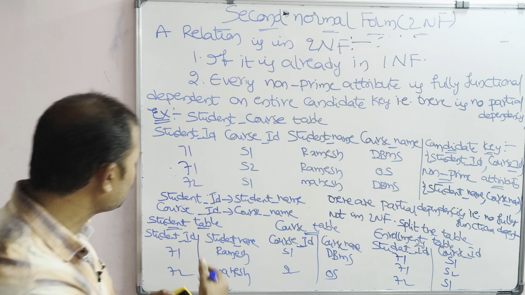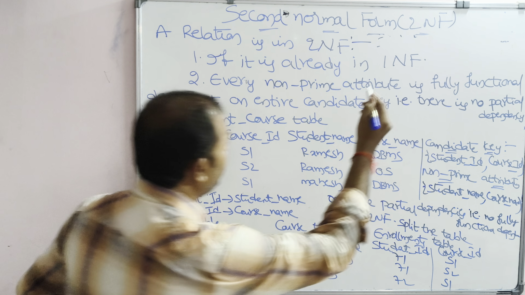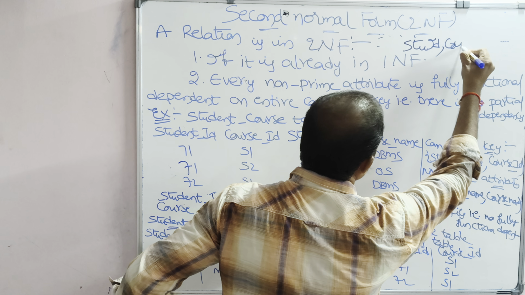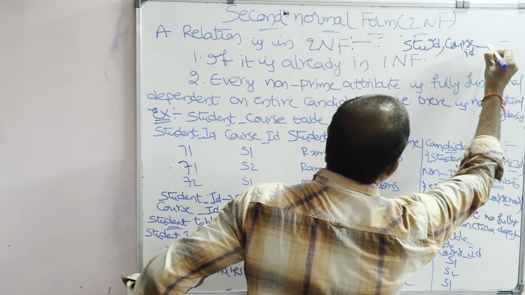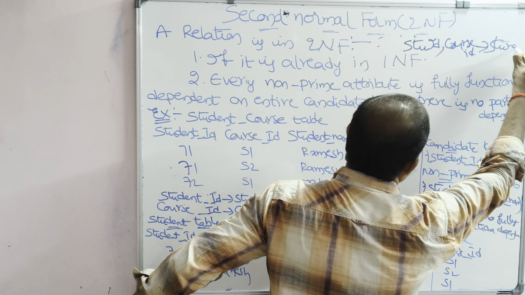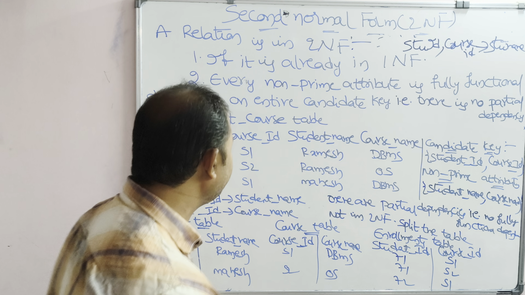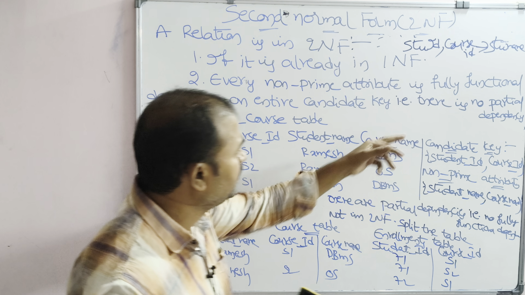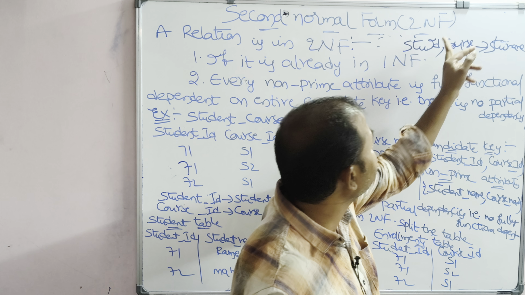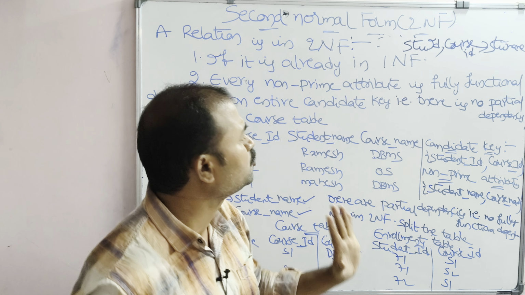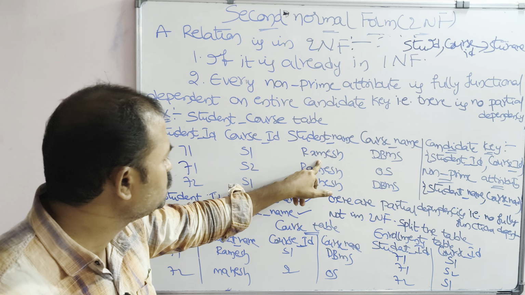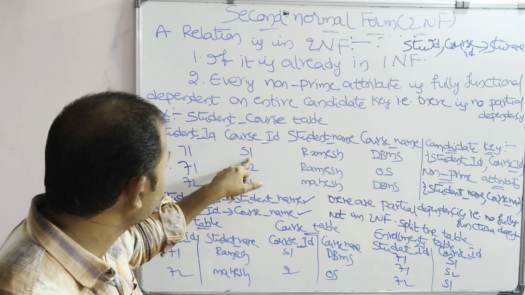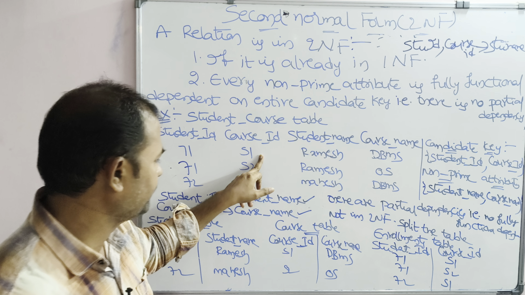Let's take one more functional dependency: student ID, course ID determines student name. Let's check whether this dependency is correct or not. These two functional dependencies are correct. Let's check whether student name depends on student ID and course ID or not. If the student name is Ramesh, then the student ID is 71, and the course ID is S1.